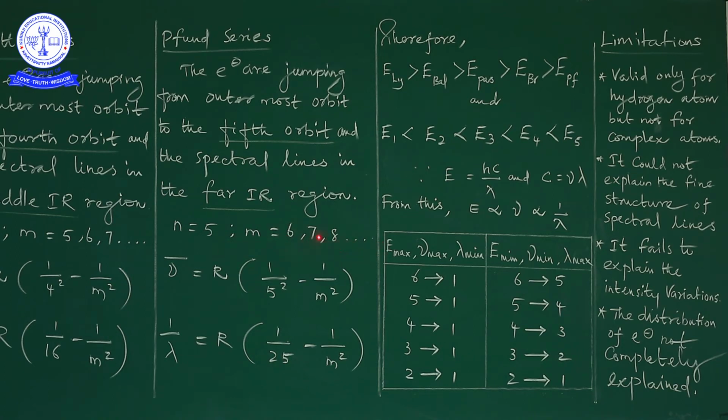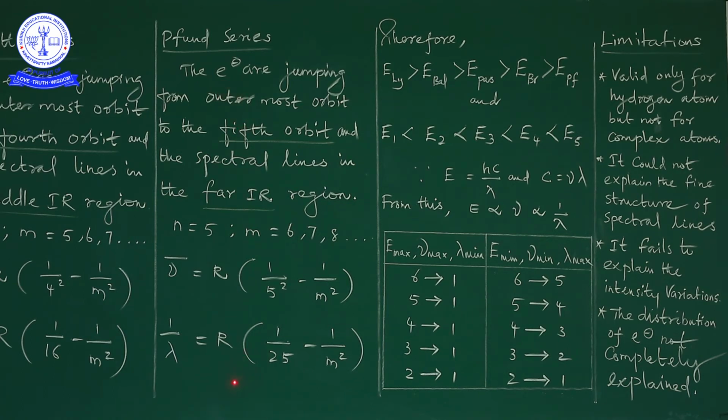We substitute the values in the equation, nu bar is equal to R into 1 by 5 square minus 1 by m square, and nu bar is replaced by 1 by lambda, which is equal to R into 1 by 25 minus 1 by m square. From this equation we are able to calculate the wavelength of the Pfund series.